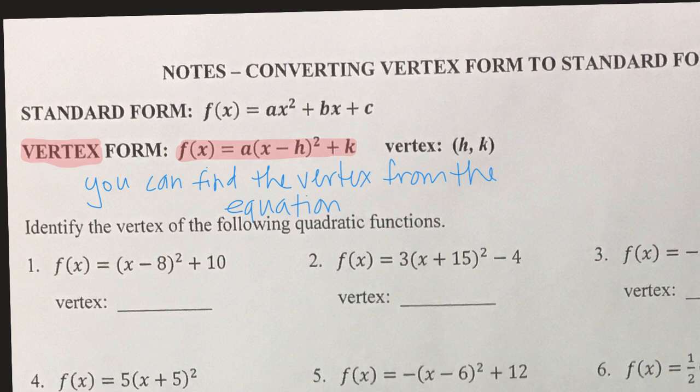Remember, the vertex of your graph is either a maximum or a minimum value, depending on whether your graph opens up or opens down. So the vertex in this case is going to be the minimum point of your graph.